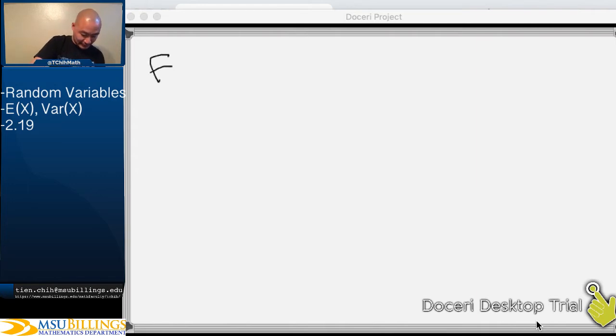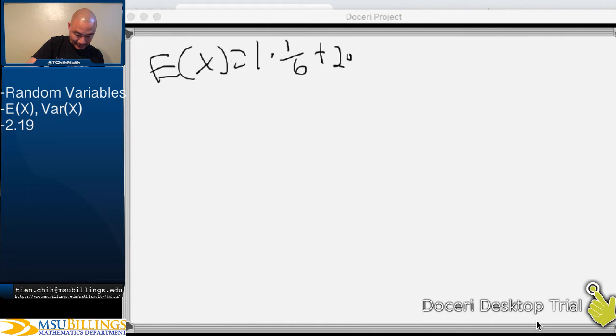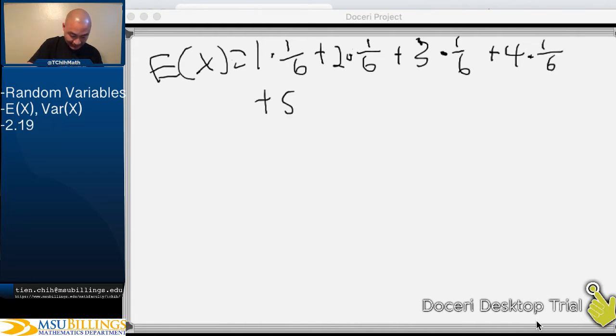So let's say another way to think about E of X is 1 times 1/6 plus 2 times 1/6 plus 3 times 1/6 plus 4 times 1/6 plus 5 times 1/6 plus 6 times 1/6.